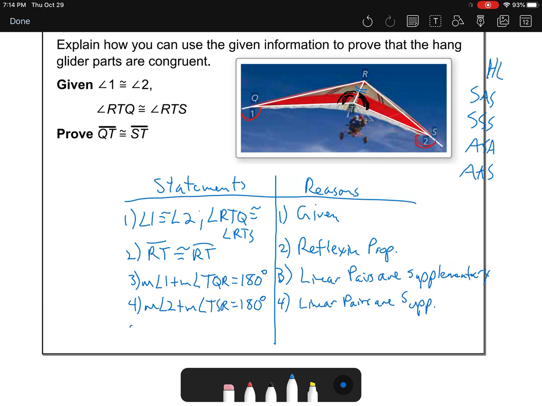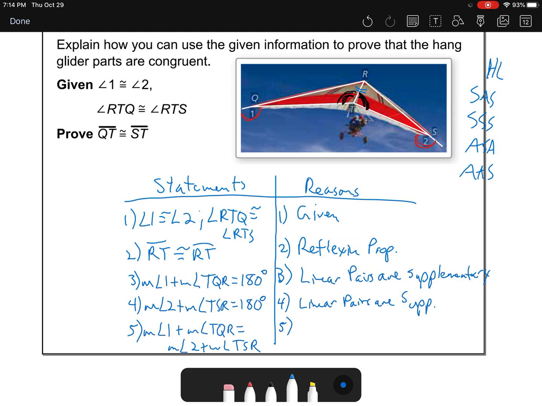Okay, so let's see. Wouldn't we then say that those two are equal to each other? The measure of angle 1 plus the measure of angle TQR would equal the measure of angle 2 plus the measure of angle TSR because they're both equal to 180.